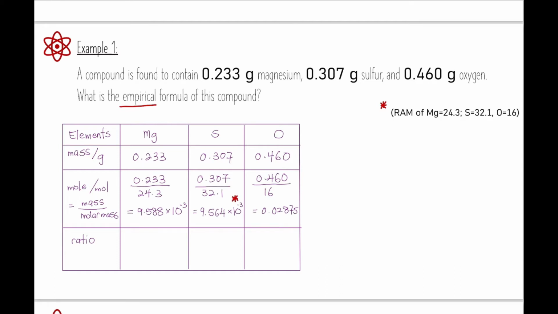Therefore, it will be the denominator for each of the elements present to calculate the ratio, or the smallest ratio.